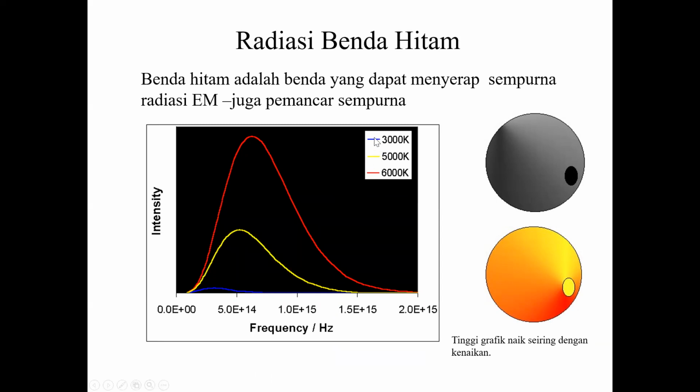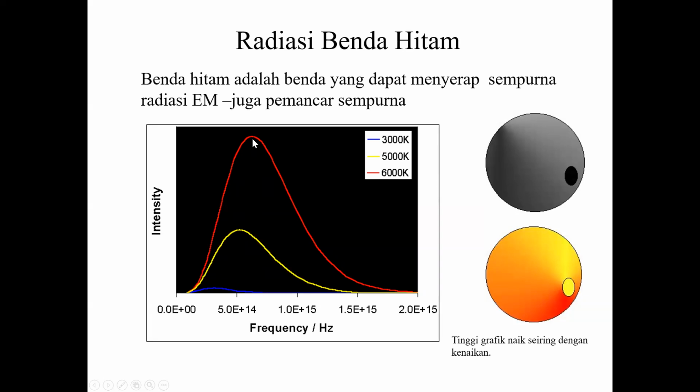This blue line here is the black body radiation at 3000 Kelvin. This yellow one here is 5000 Kelvin, and the red curve here is 6000 Kelvin.